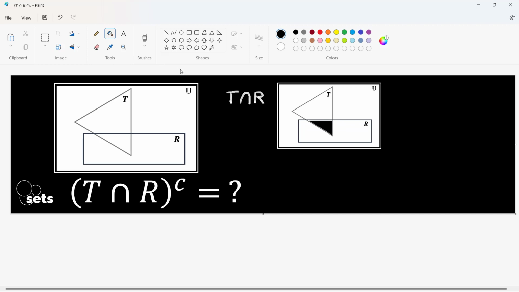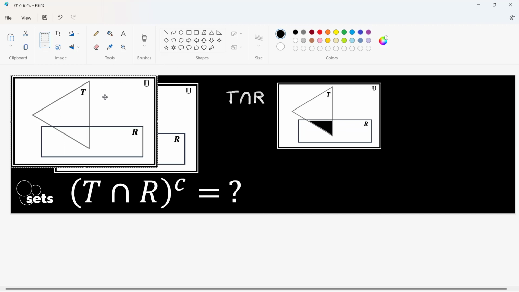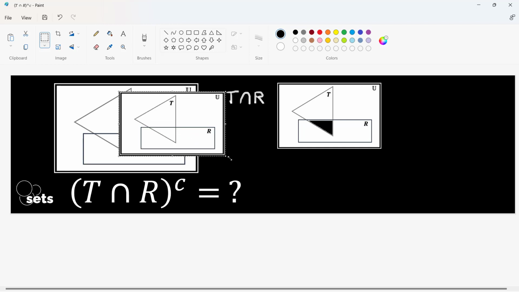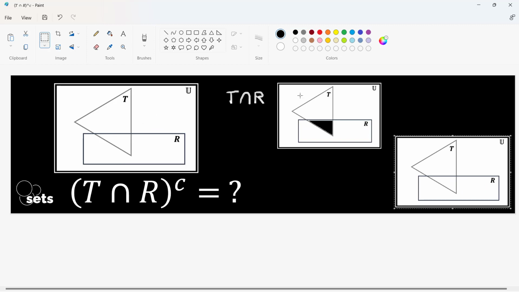Now that we have this, let us now try to finalize our answer for the complement, or the Venn diagram of the complement of the intersection. So again, we are now on the complement of the intersection.